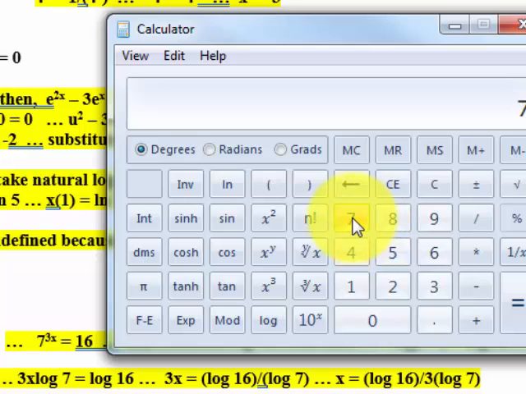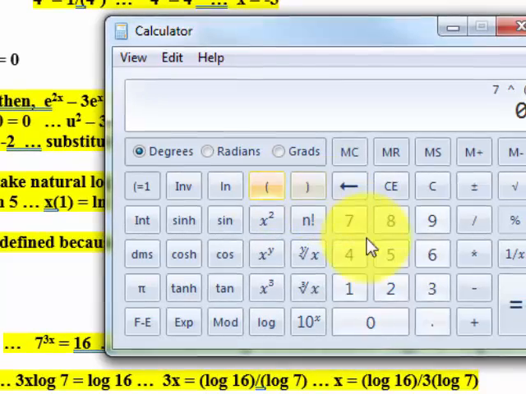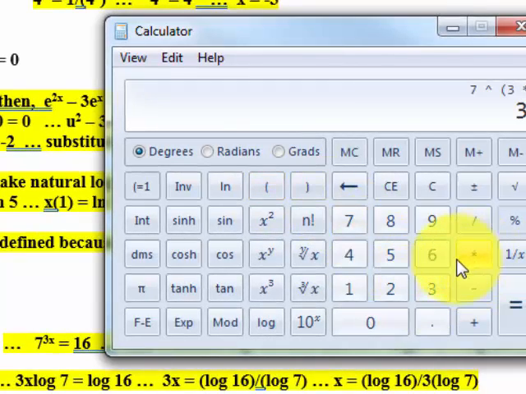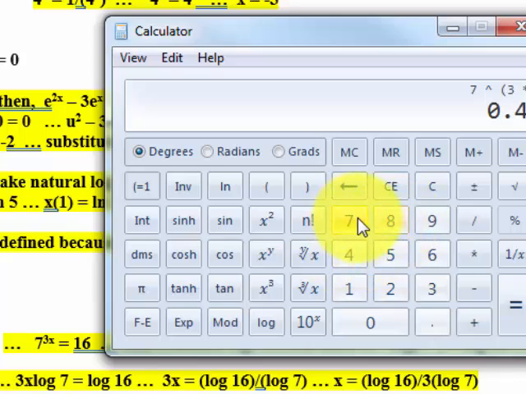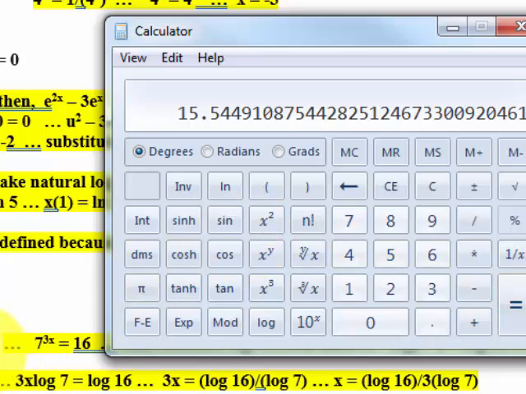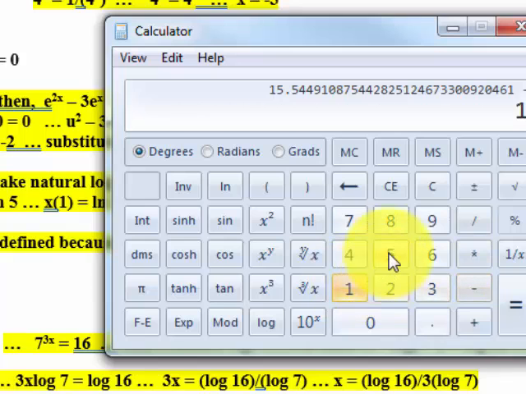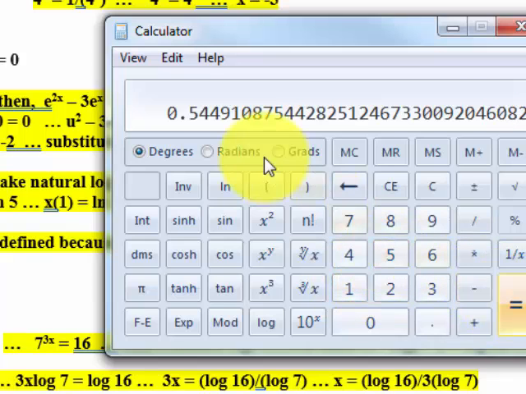So 7 raised to the power of 3 times 0.47, in parentheses, and then minus 15. That should be close to 1. It's relatively close, right? Because we really rounded down here. So that looks like the right answer to me.